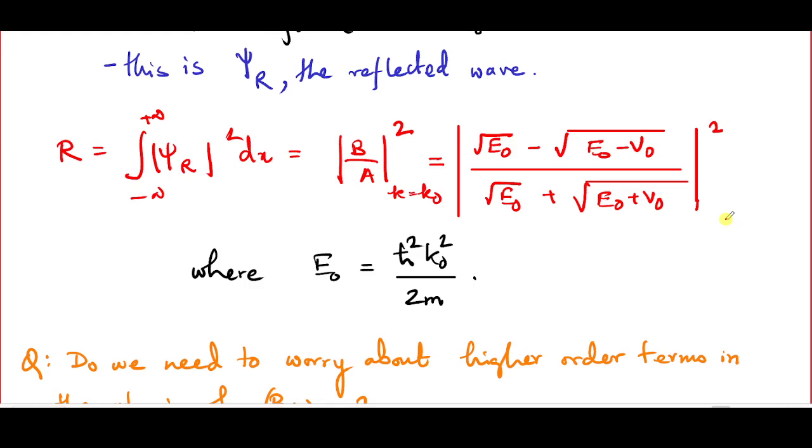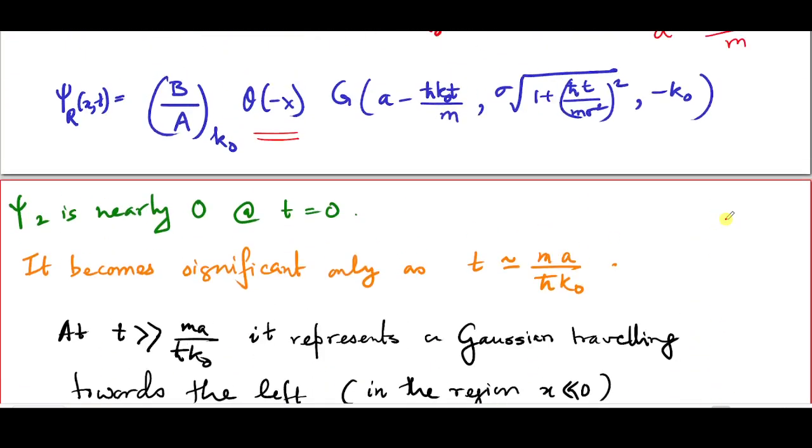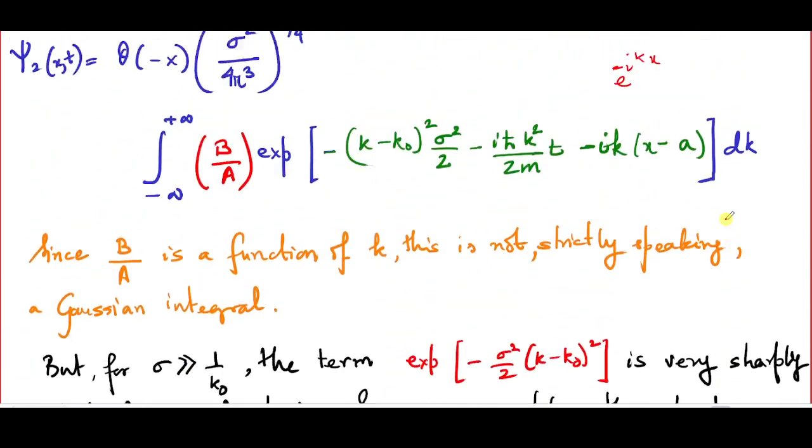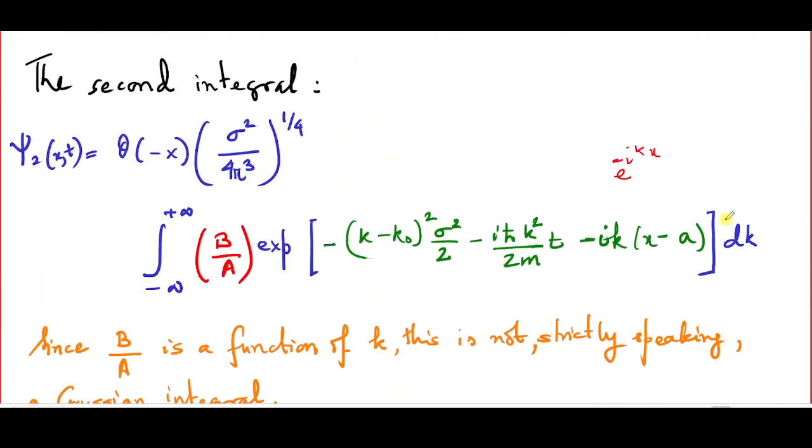Now, one question could worry us a bit. We have kept up to quadratic order pieces in k in the exponent, and that's how we got the Gaussian integral. What we have done for b by a, the coefficient in front, is that we have just replaced it by its value at k0 and pulled the whole thing out. Shouldn't we have, just for consistency, expanded b by a as a function of k also up to quadratic powers?